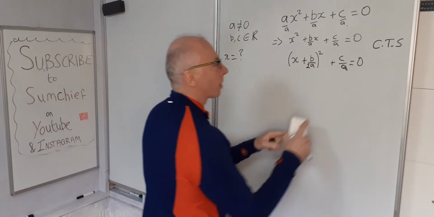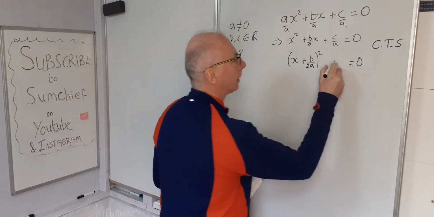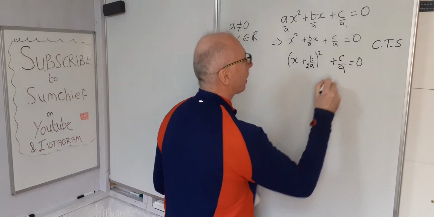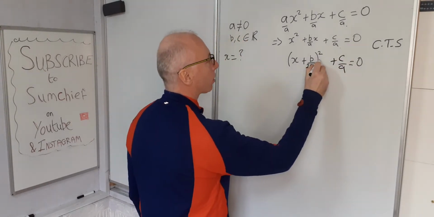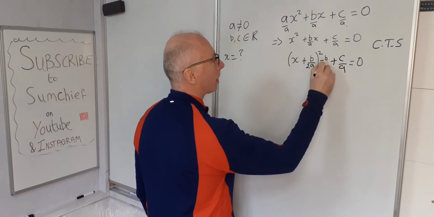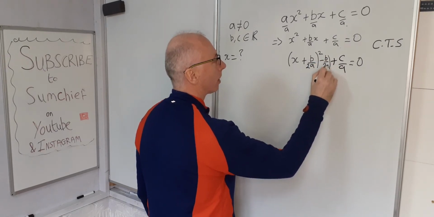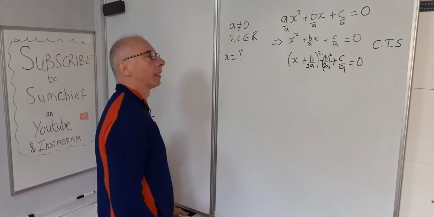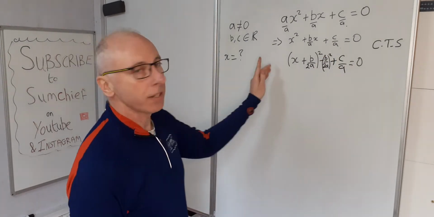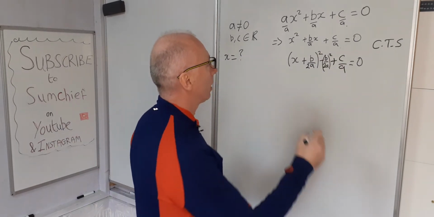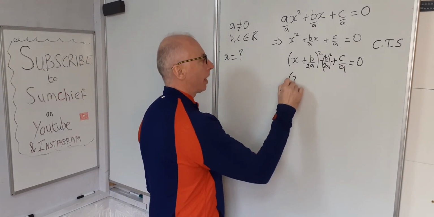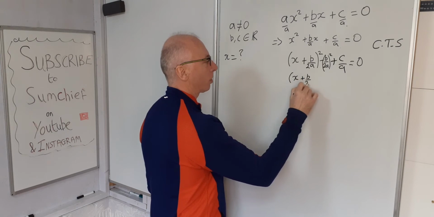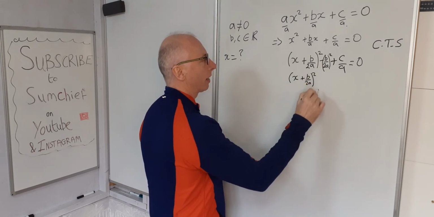So let's just give ourselves a bit more room. Plus c over a, and then now what we do is here we'll subtract b over 2a squared. Just about fitted that in, I think. Okay, right, let's simplify that up a little bit more, just make it a little bit more readable. So x plus b over 2a squared.